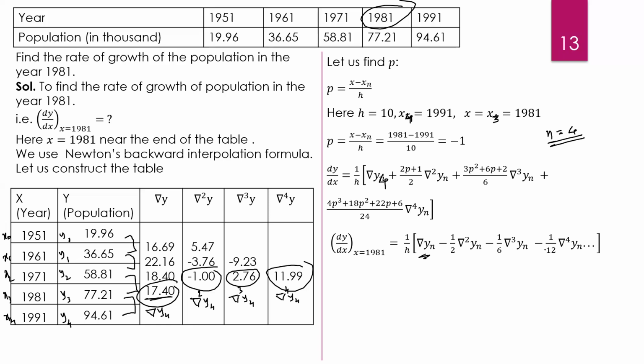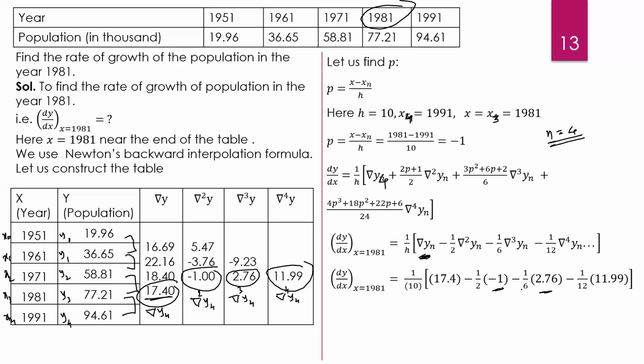So from the table, we substitute the first backward difference, that is del y suffix 4, this value, and h is 10. This is the first backward difference, 17.40. Then the second order backward difference, that is -1.